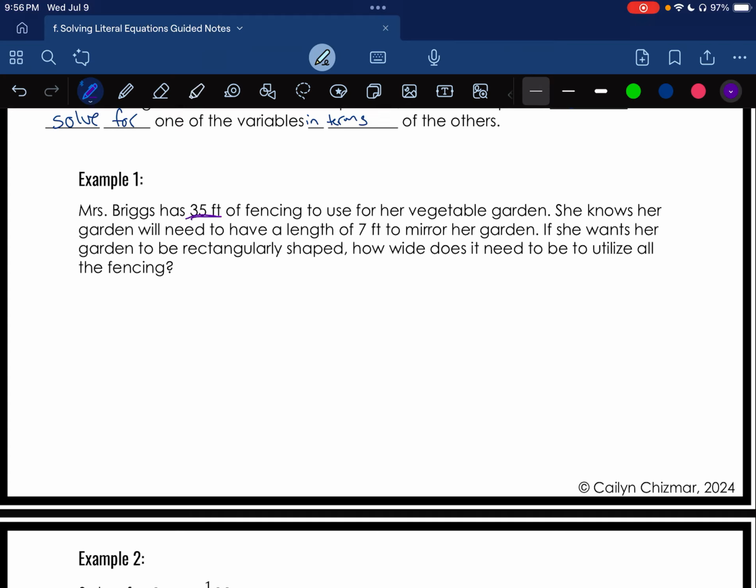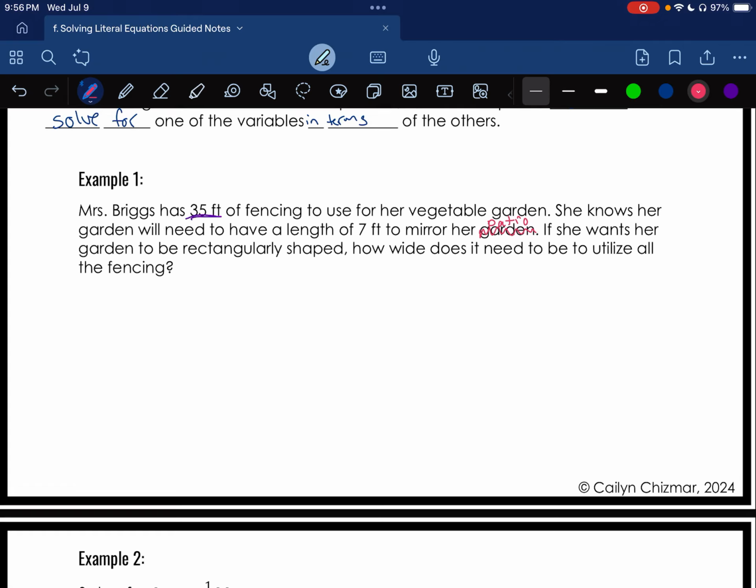Oh my goodness, that's embarrassing. Do I have a typo? I fixed it. If she wants her garden to be rectangularly shaped, how wide does it need to be to utilize all of the fencing? Sorry, I got confused there because my answer key has the right word.